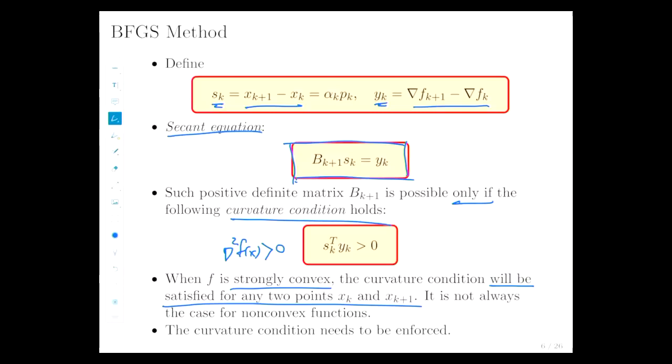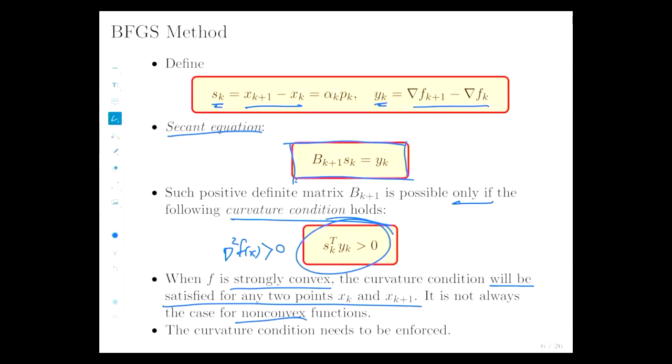So we don't need to enforce it explicitly for a strongly convex function. This is not the case for non-strongly convex functions or any generic non-convex function. So for the most general case of problems, we have to enforce this condition for consecutive iterations.